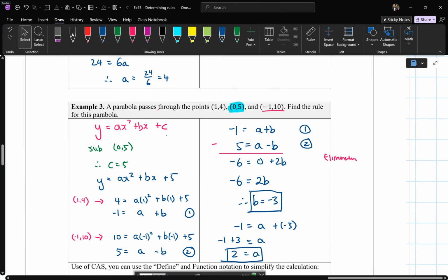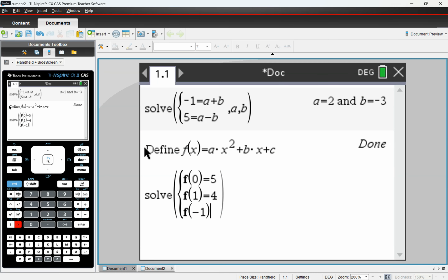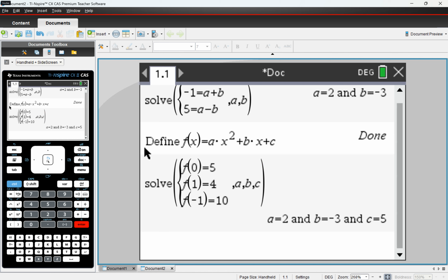And f of, I think it was negative 1, yep, is equal to 10. So this is one of the reasons why I like to define it first. It means I don't have to type it all again. Just define it once. f of 0 equals 5, f of 1 equals 4, f of negative 1 equals 10. And then here I say comma a, comma b, comma c. Did you get your answers 2, -3, 5?